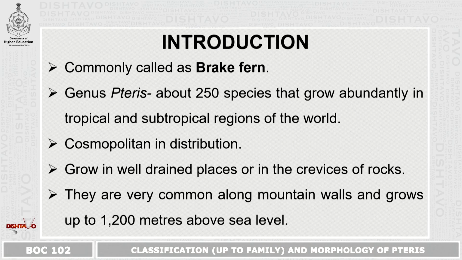Introduction. Genus Pteris is commonly called brake fern. Genus Pteris is represented by about 250 species that grow abundantly in tropical and subtropical regions of the world. It is cosmopolitan in distribution, meaning they are found in almost all geographical regions.